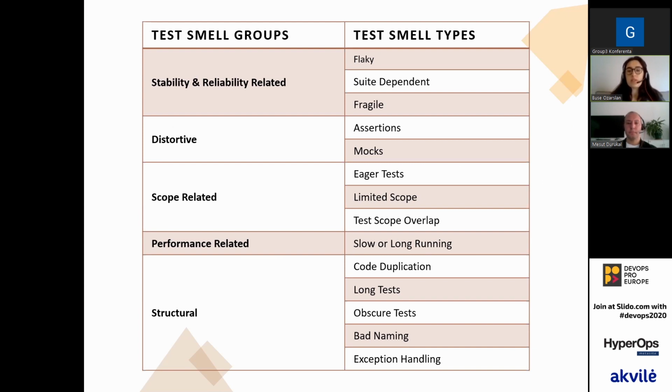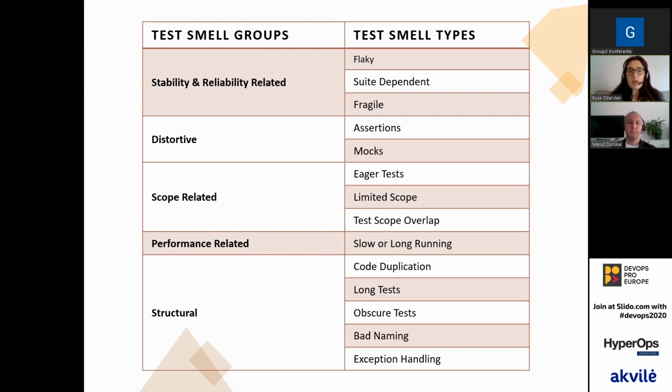We also face some suite-dependent tests, where a suite-dependent test is a test having different results when you execute it independently or within a test suite. We also face some fragile tests, where a fragile test is a test having inconsistent test results when we change the test input. Another group was distortive test smells.